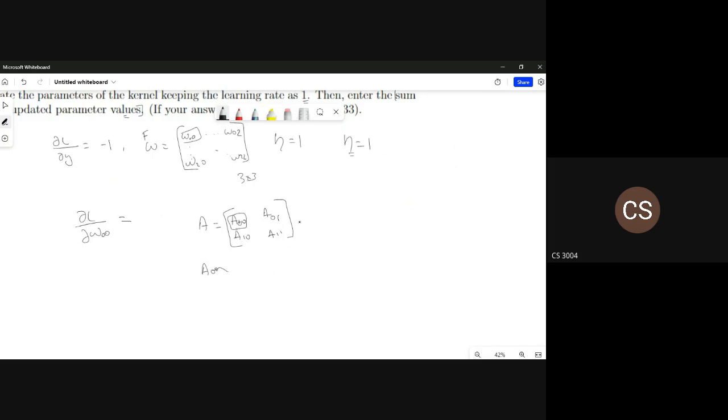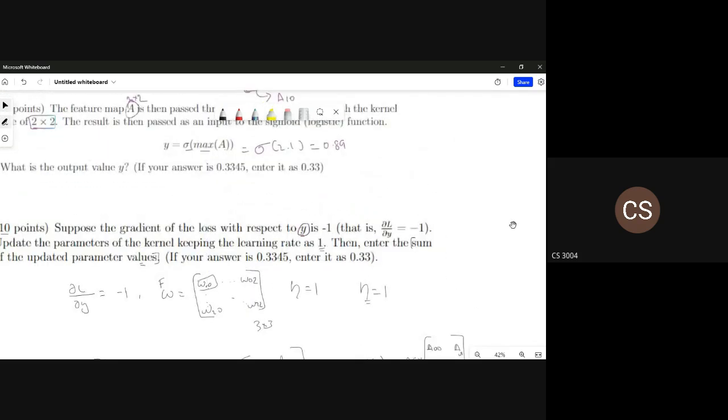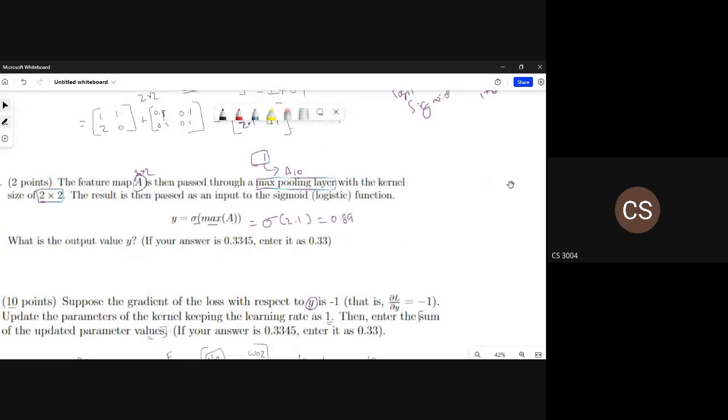The next operation is that I applied max of A, which means I took the max of the entire a00, a01, a10, a11. Remember, I assigned 10 points, which means you have approximately 10 minutes. In the real calculation, the index of the element that is the max of A is a10.